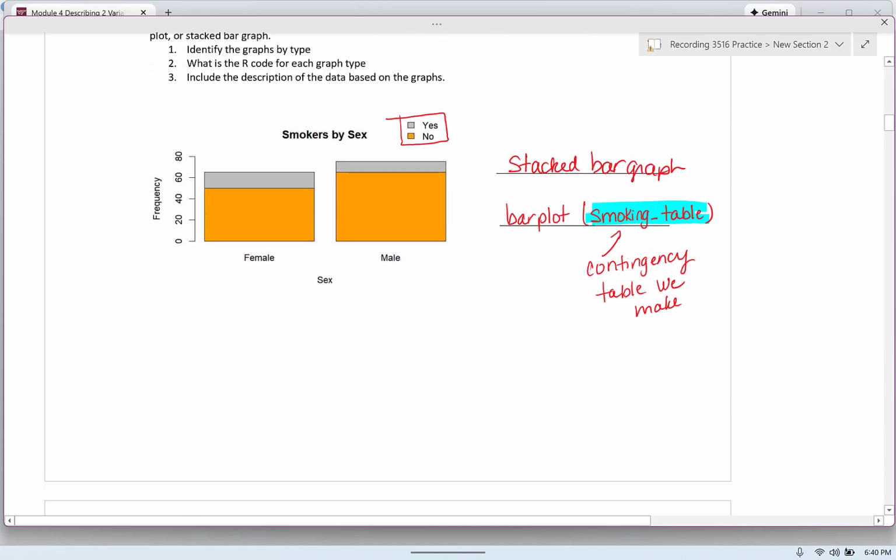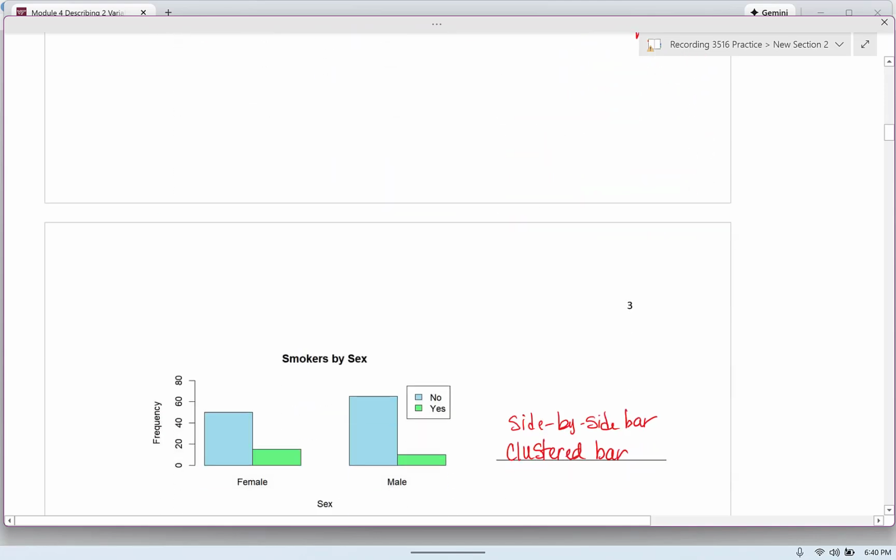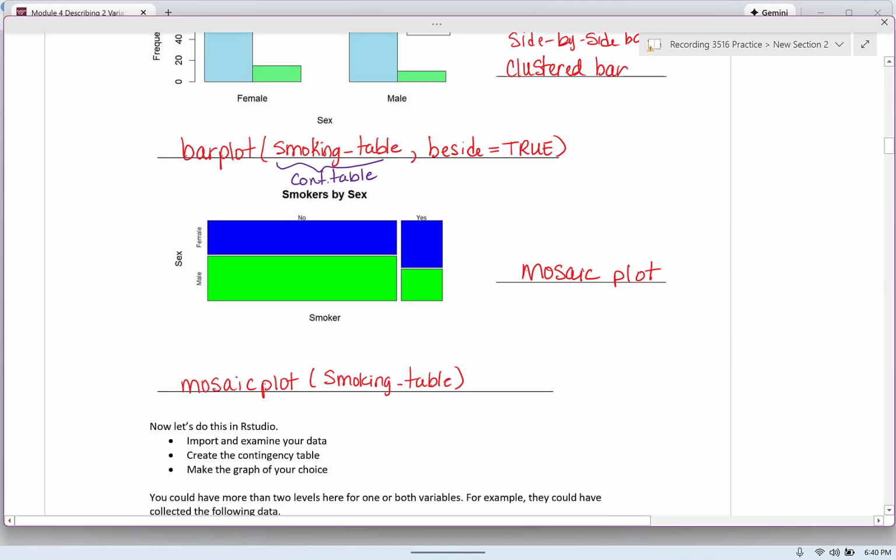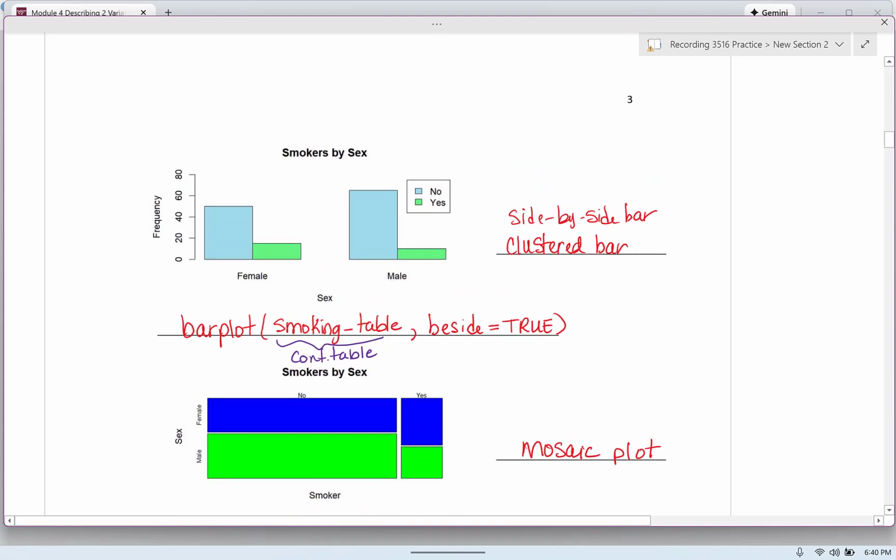So when I look at all three of these graphs, I see that it looks like there are more males than females in all of these graphs because there's more area for all of those. And it also looks like, particularly with this side-by-side or clustered bar graph, that more females smoke overall.